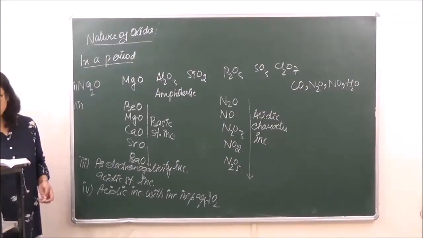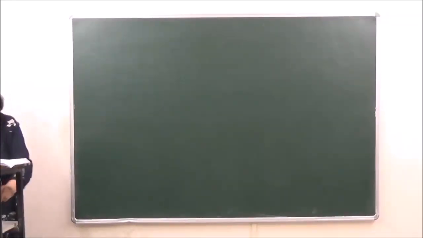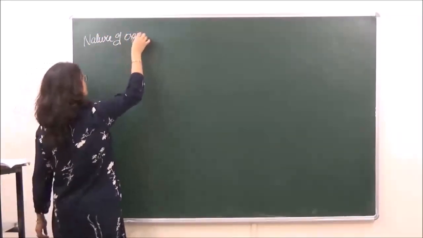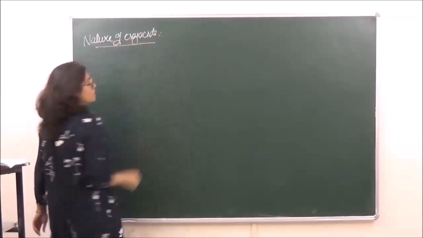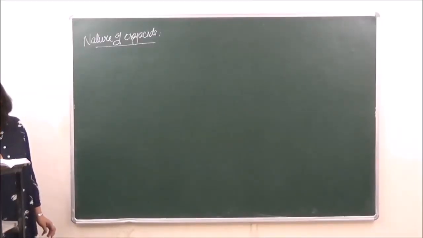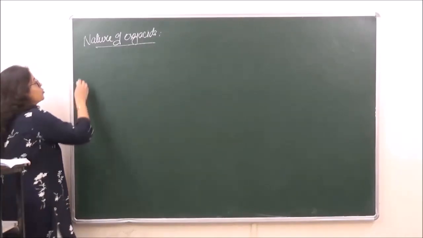Okay. Then we go on to the nature of oxyacids. Oxyacids, they are when we are talking of non-metals, right? When we are talking of non-metals, then the strength of oxyacids increases from left to right.